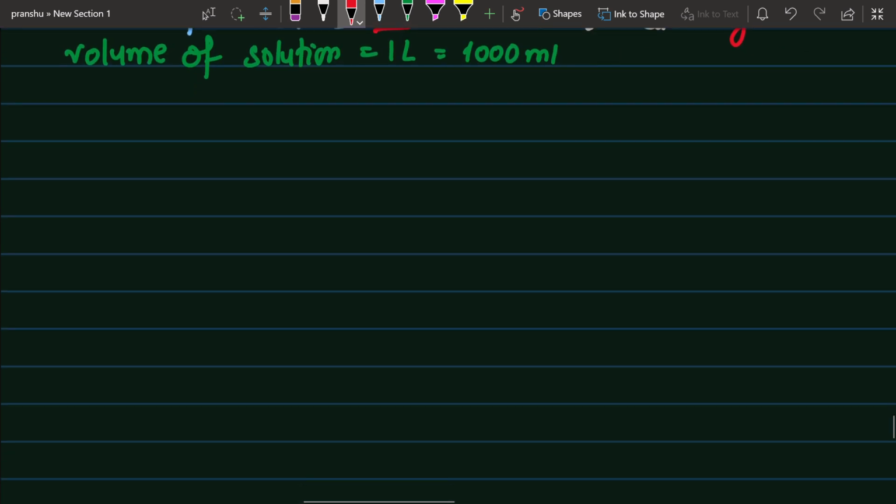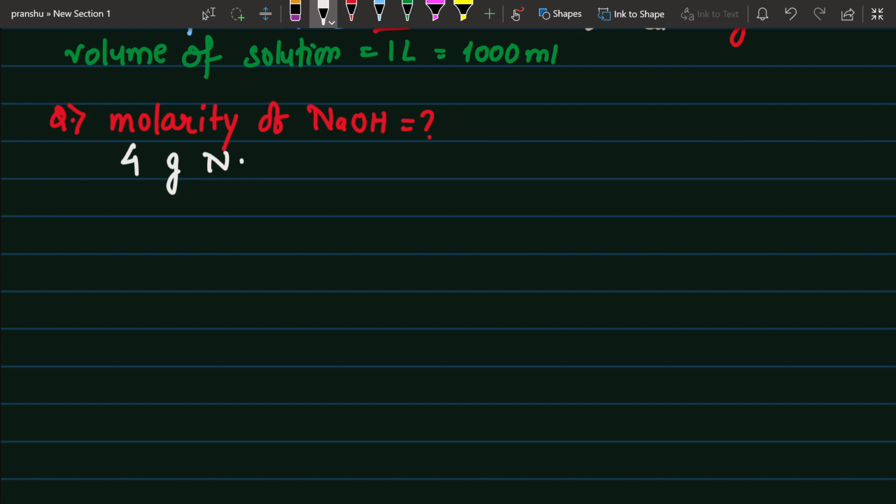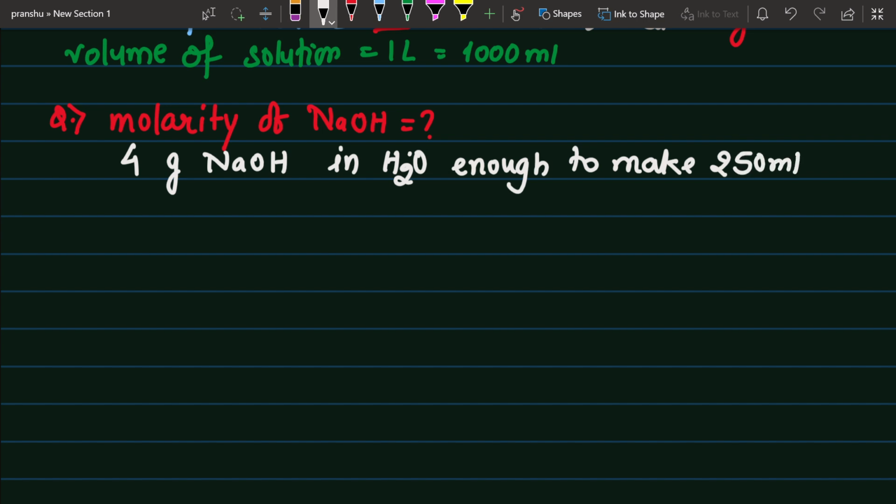By this way we can calculate the question. Suppose a question is given: calculate the molarity of NaOH if we have 4 gram NaOH in water, enough to make 250 ml solution.